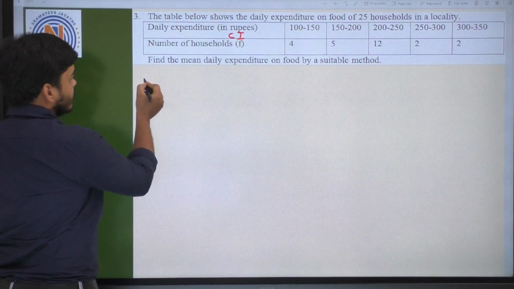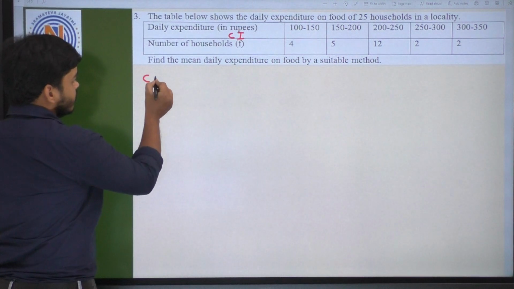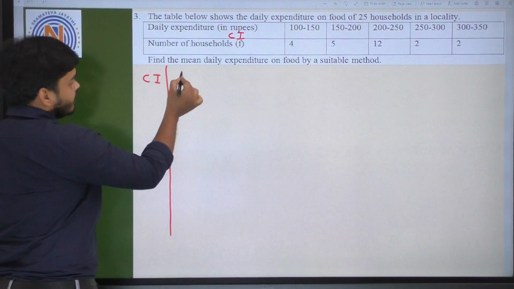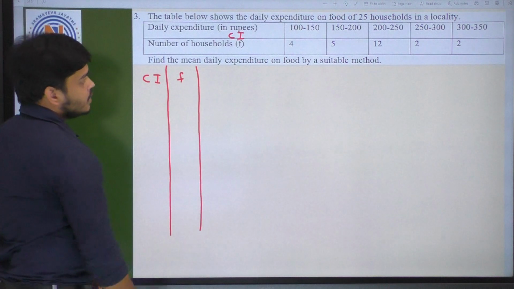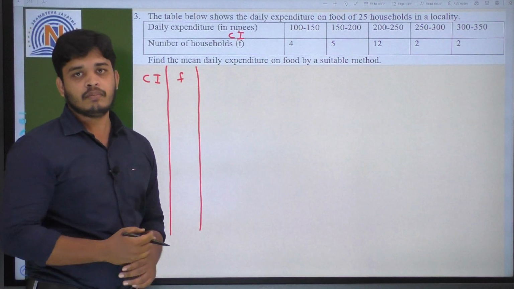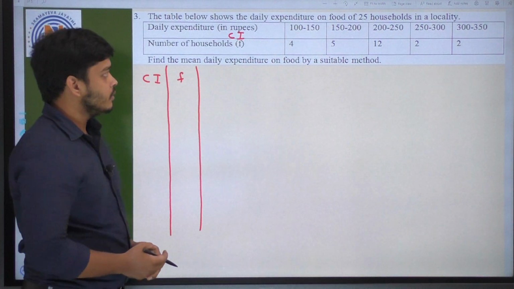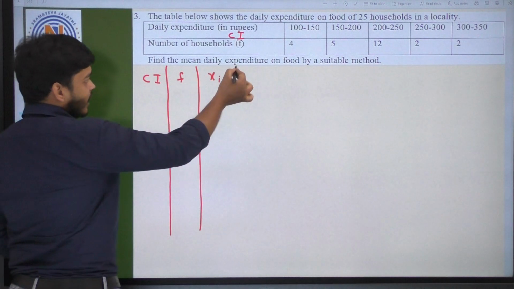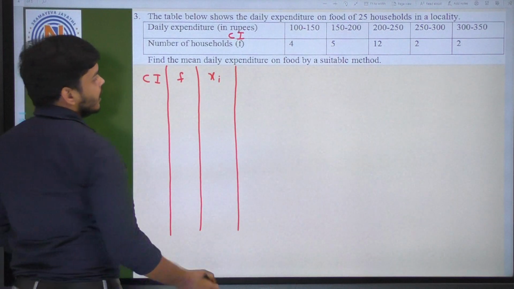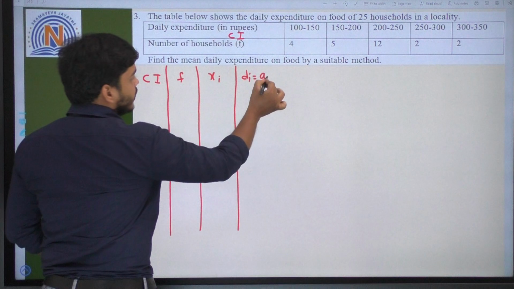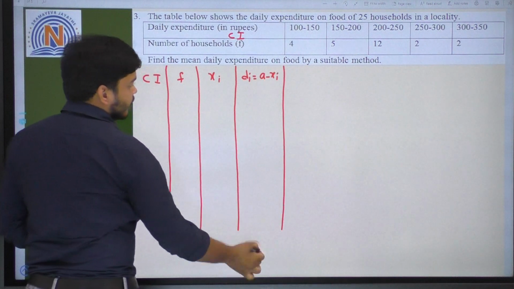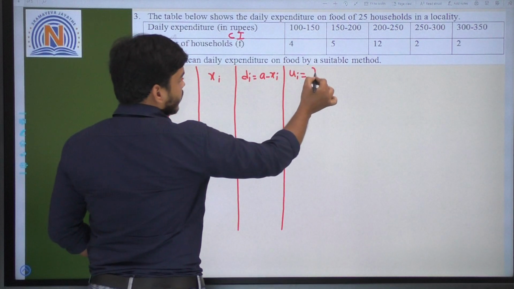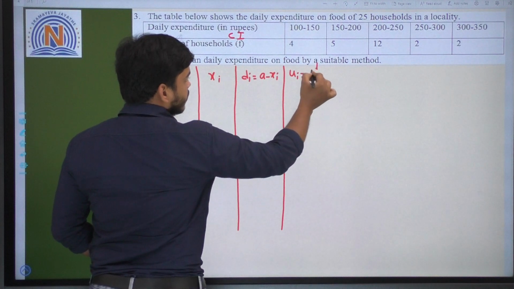I am using the step deviation method. The next column is the mid value of the class interval, xi. Next is the deviation, di equals xi minus a, and next is ui equals di by h.